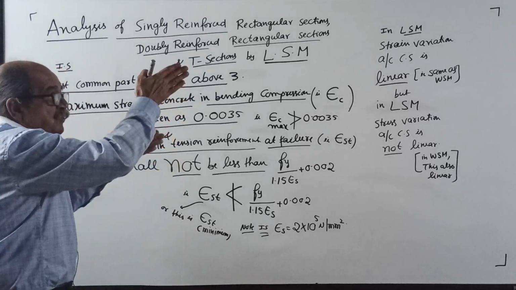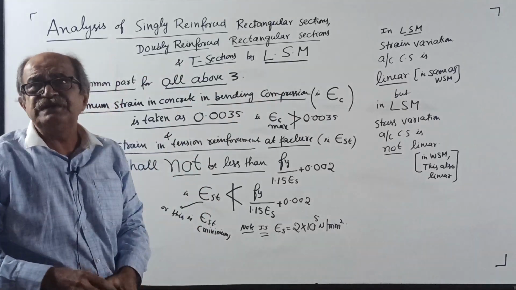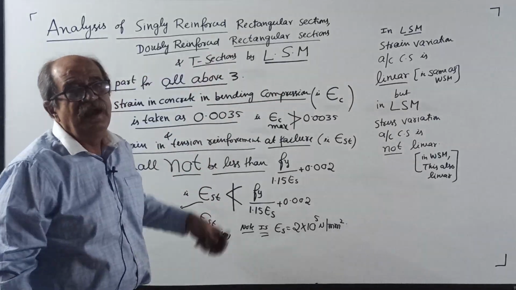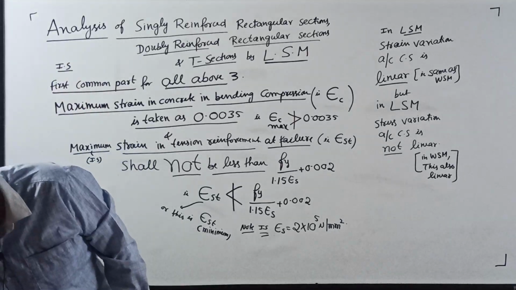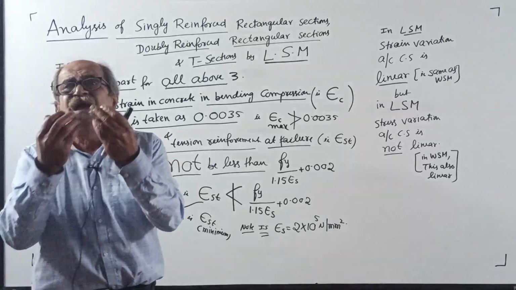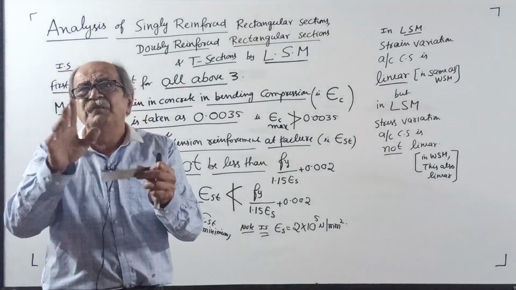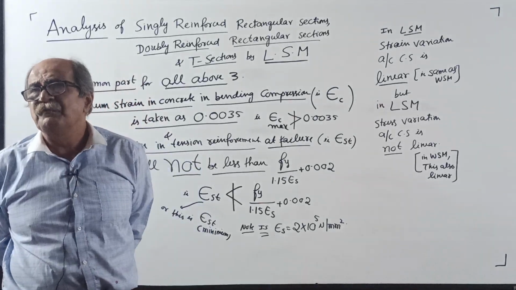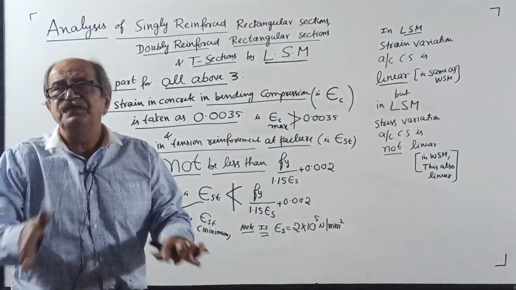See, we are considering first due to bending. When you say beams, it is actually bending. Bending can be either sagging or hogging, that will come later. One side will be compression, one side will be tension, if you consider the cross section.